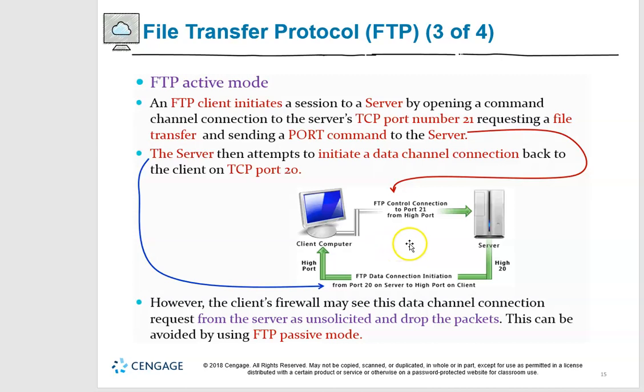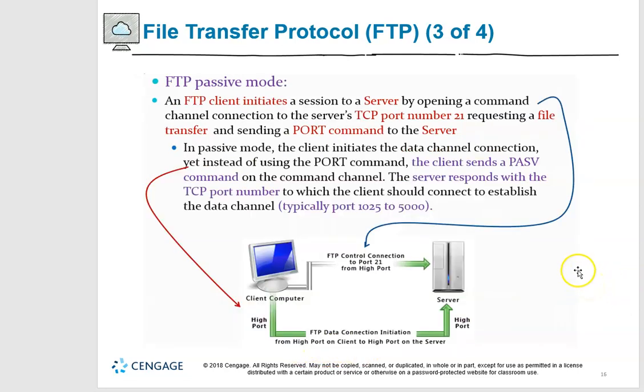So to avoid this, you can set up your FTP service using what's called passive mode that we described on the last slide. So in passive mode, what happens is the FTP client, that's again on the left, initiates the session to a server by opening a command channel to the server's port number, again on port 21, requesting the file transfer, sending the port command to the server.